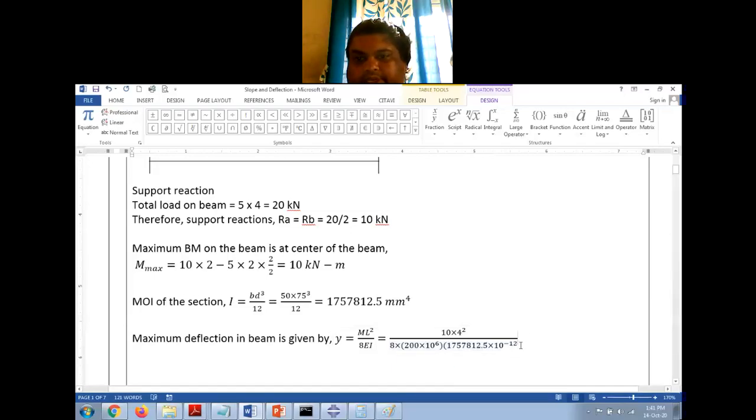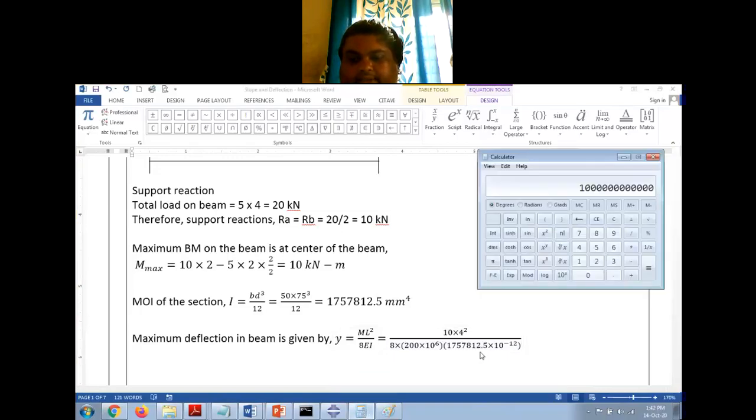So this is 8 EI, right? Now let us calculate this. 10 into 4 square is 16 by 8 by, open a bracket, 200 into 10 raised to 6.